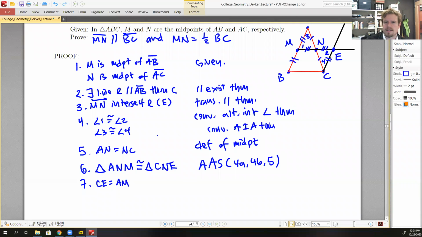That gets us this side here. But we also have that MN is equal to NE. Excellent. And this is because of the definition of congruent triangles.